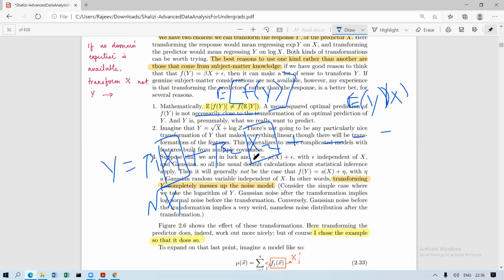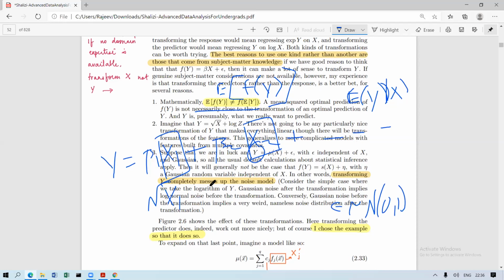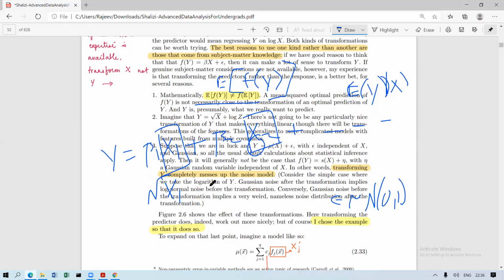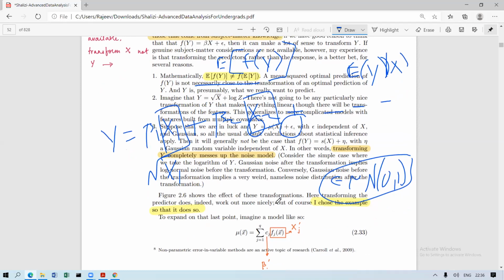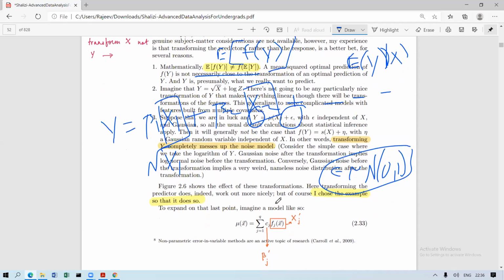But now because you have transformed y, the epsilon will no longer come from a standard model. It will come from, he says, a weird nameless noise distribution, because if you have transformed y, the noise also gets transformed to some weirder distribution. But for the sake of mathematics, it's better that you have this assumption.